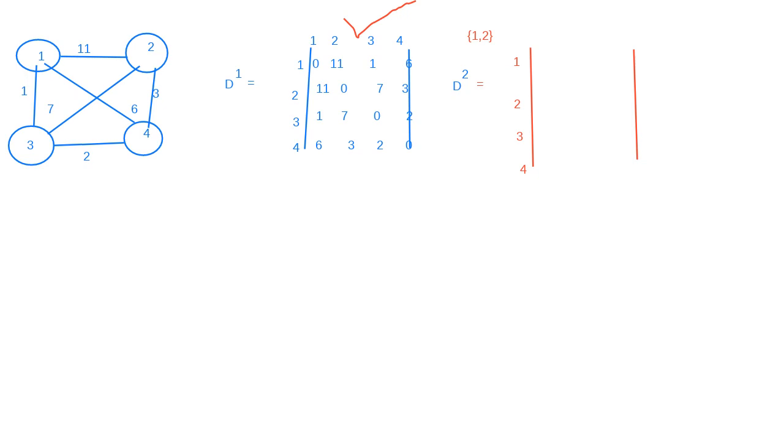Riya has already solved it. Anyone else who has solved it? Now see, D2 matrix means that I have to include the second vertex in between. So is there any change in the D2 matrix?